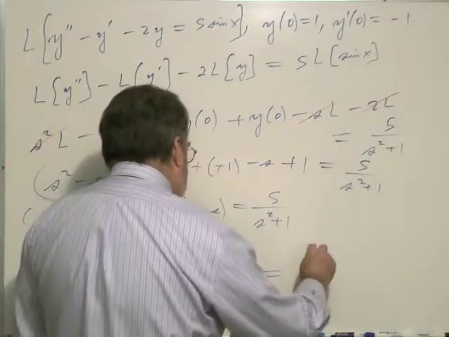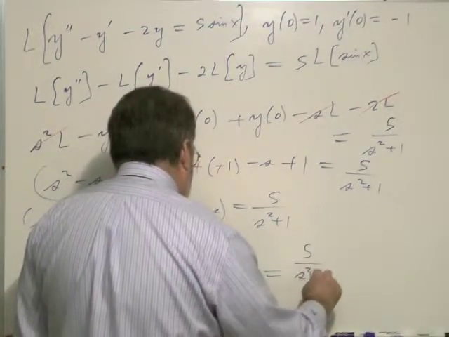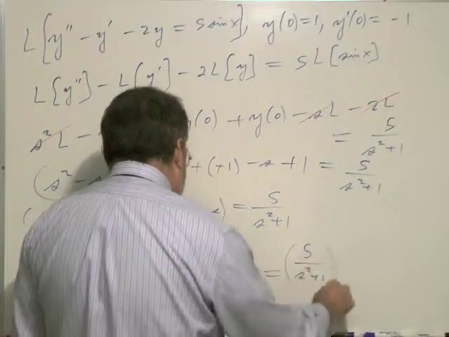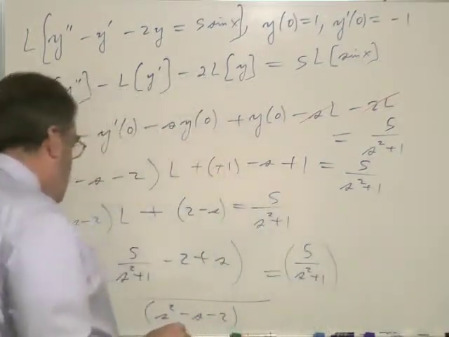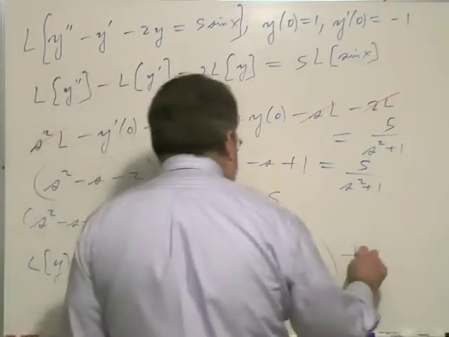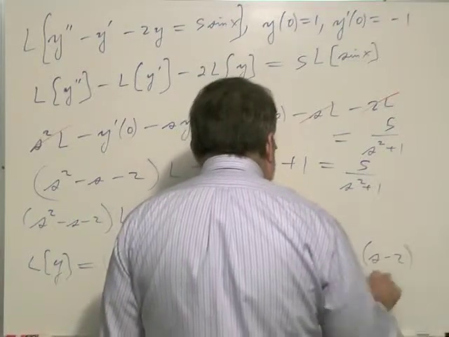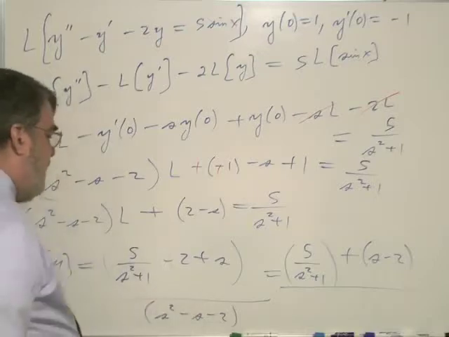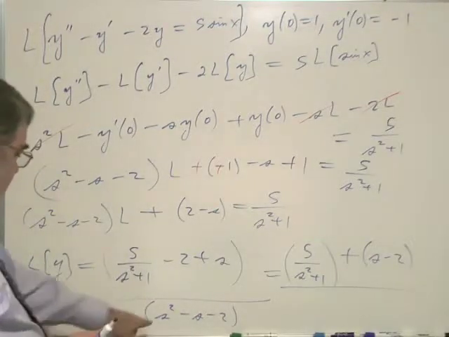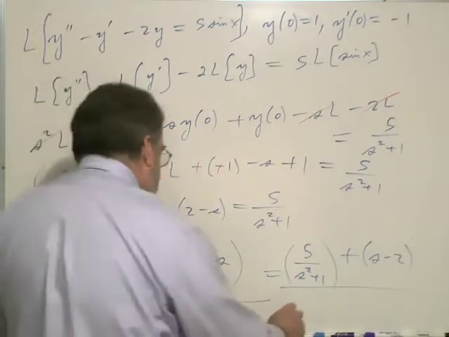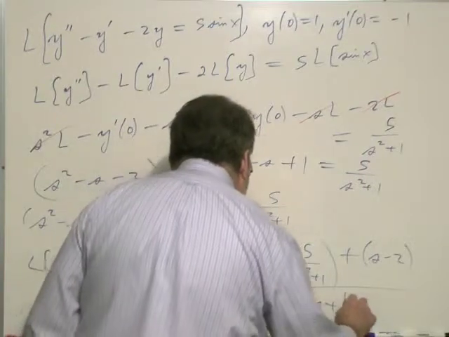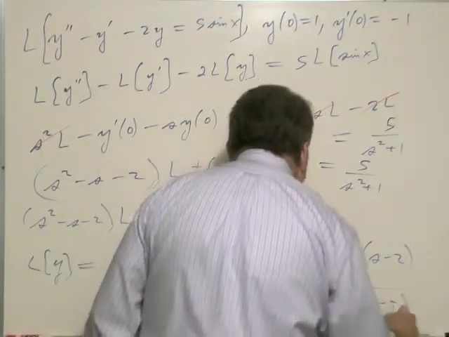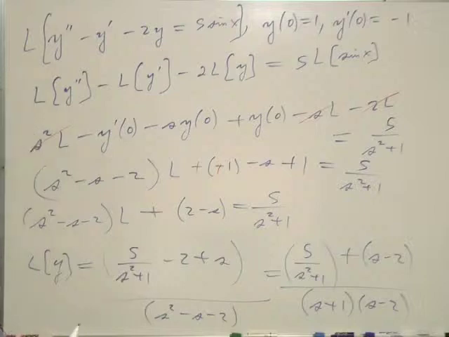First of all, I'm going to write this as 5 over s squared plus 1, and plus s minus 2. I sort of see something coming here. I made this s minus 2 and separated it. The bottom factors as s plus 1 times s minus 2, so I think that's going to be convenient to work with.